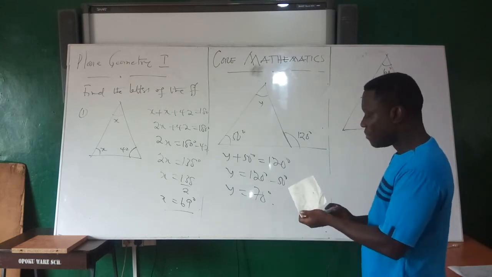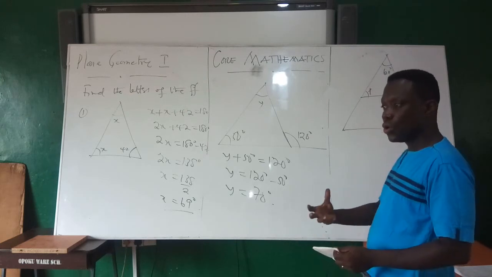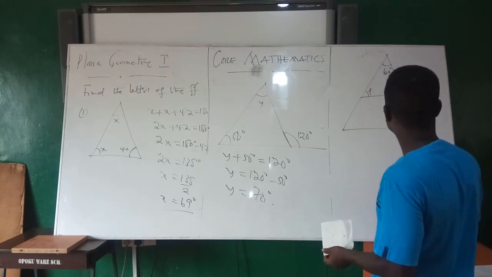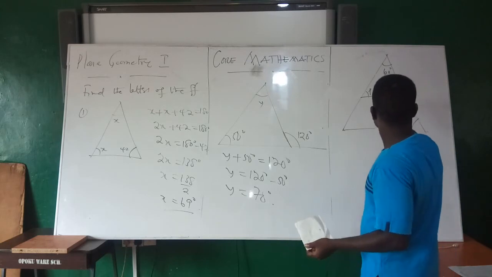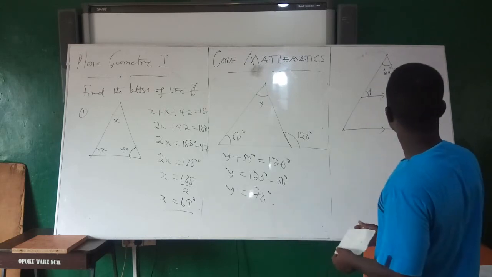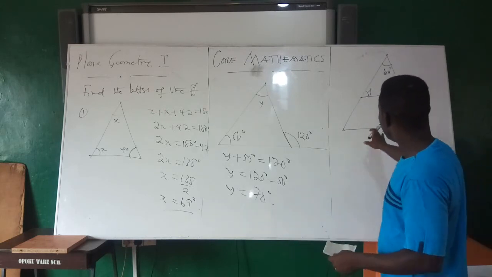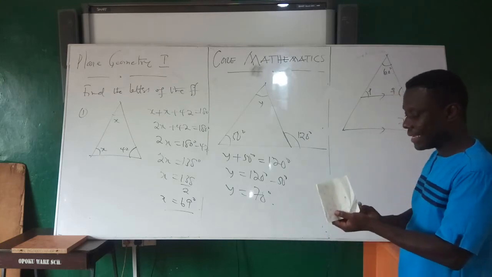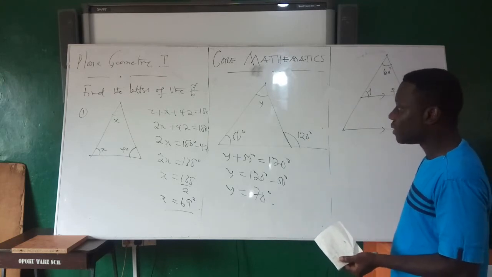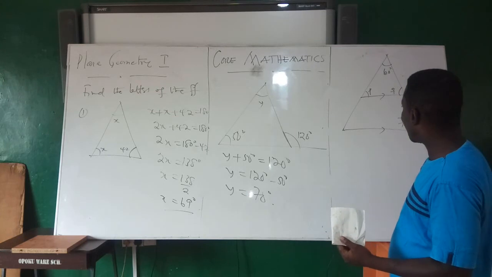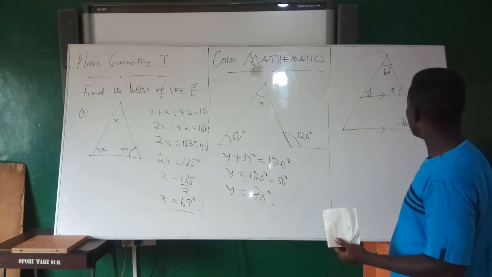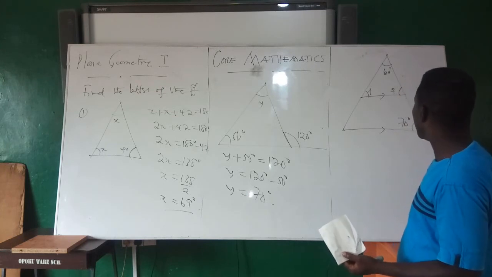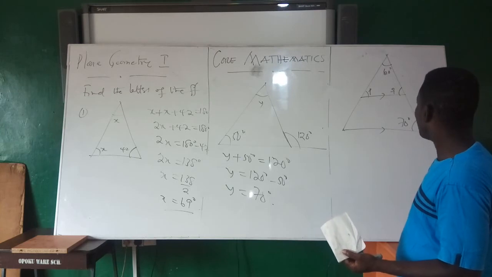As I said, sometimes you have to bring in other properties you have already done. So if you saw something like that, the moment you solve this, it gives you an indication that those 2 lines are parallel, if you have followed my last lesson. So how do we find P and Q?